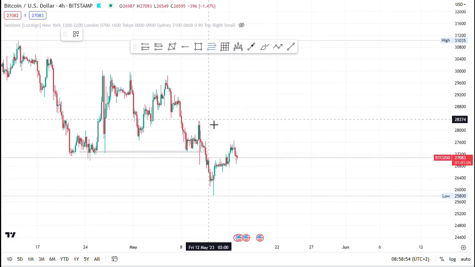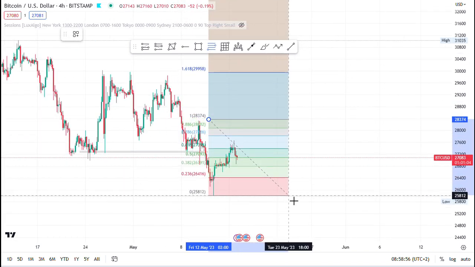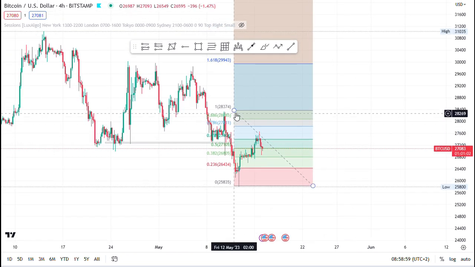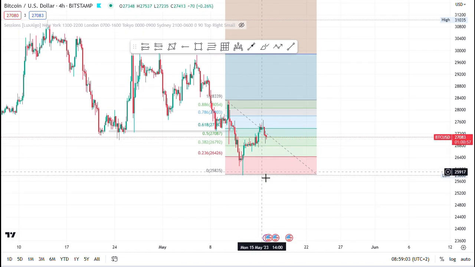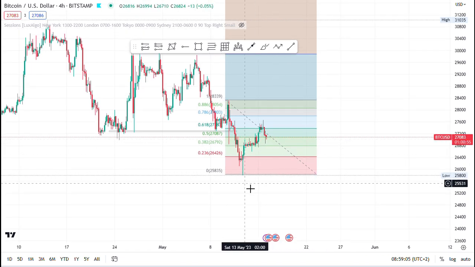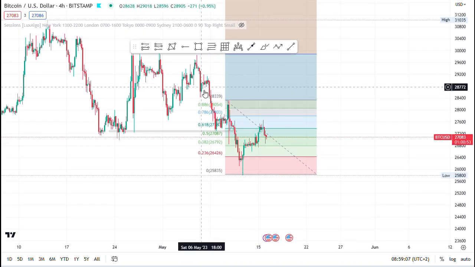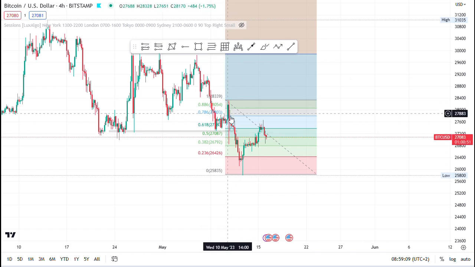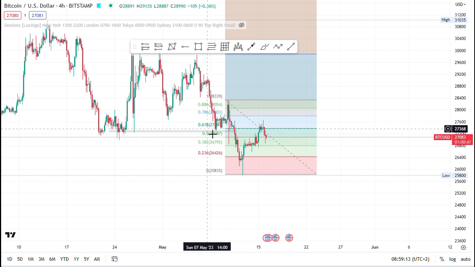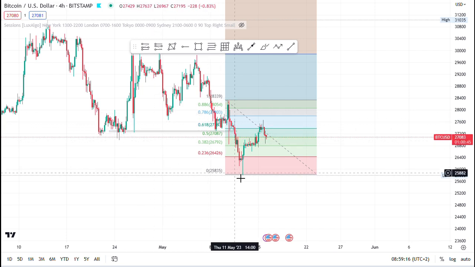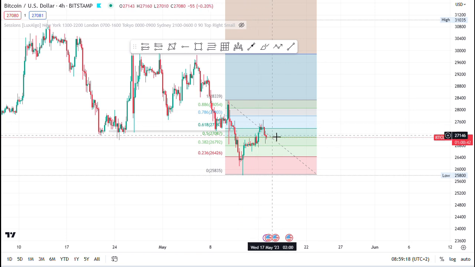So let's try to make sense of what's happening currently in the 4-hour. So in the 4-hour, we can see that the impulse, correction, impulse broke our previous support or our previous key level, and then I could consider this being my retest within this area.